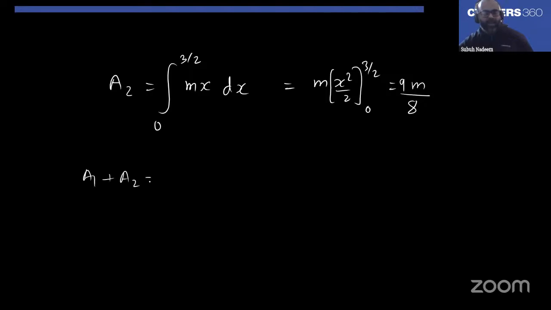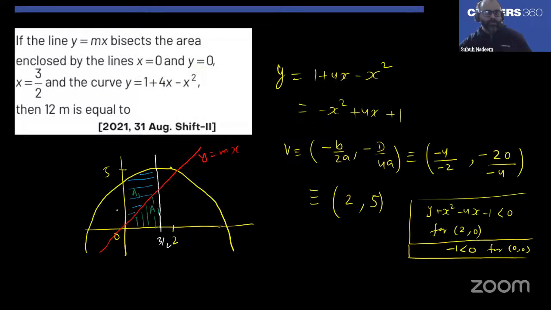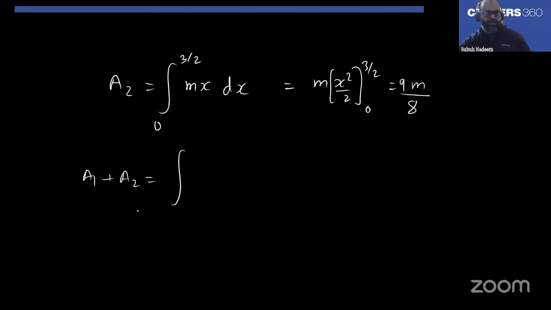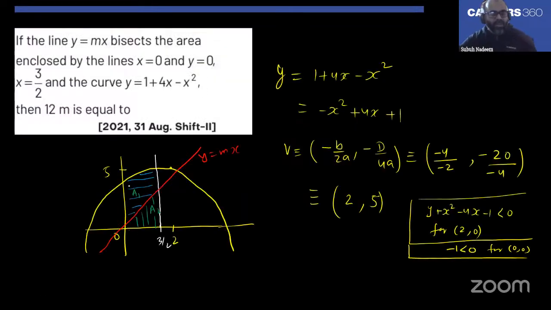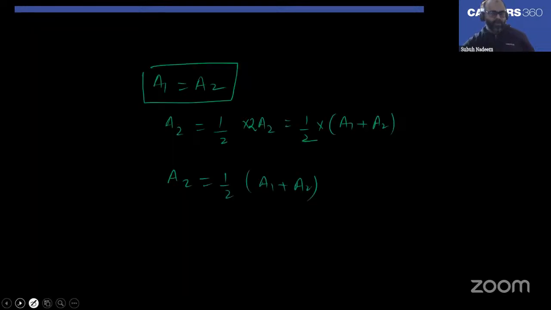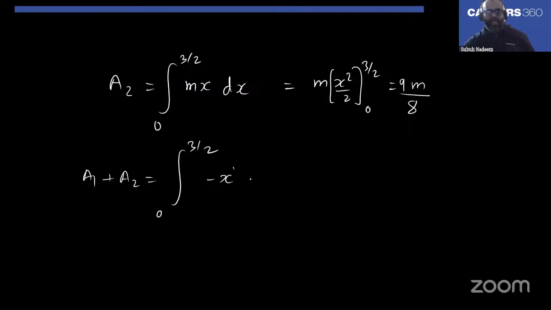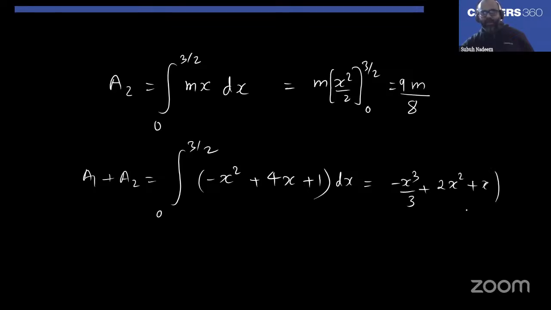A1 plus A2 will be equal to the integral from 0 to 3 by 2, and this curve is minus x square plus 4x plus 1, dx. So it will become minus x cubed by 3 plus 4x square by 2, which will become 2x square, and then plus x, from 0 to 3 by 2.